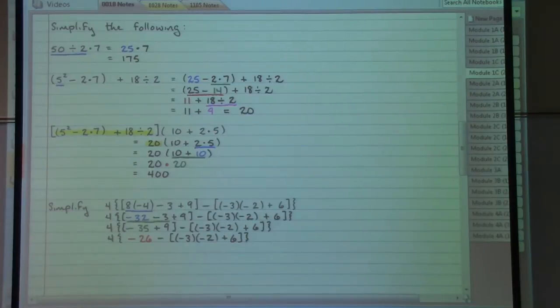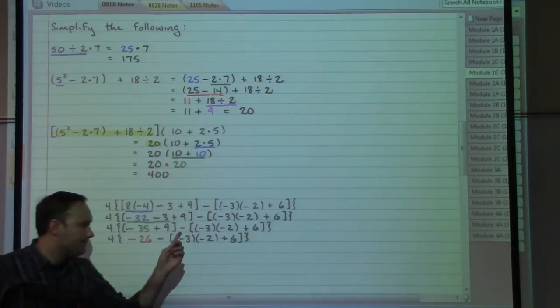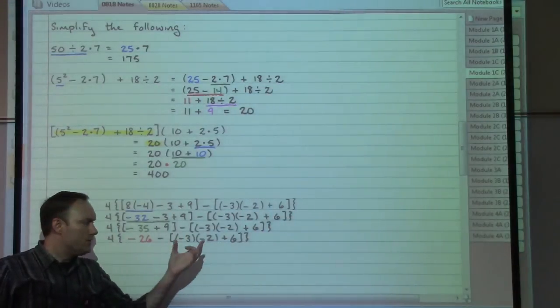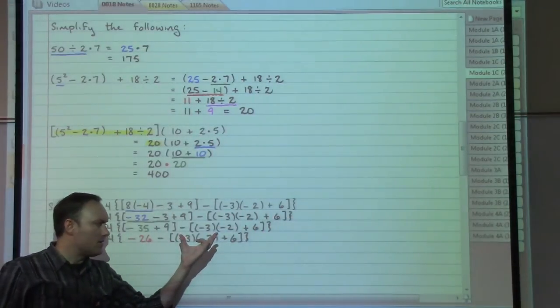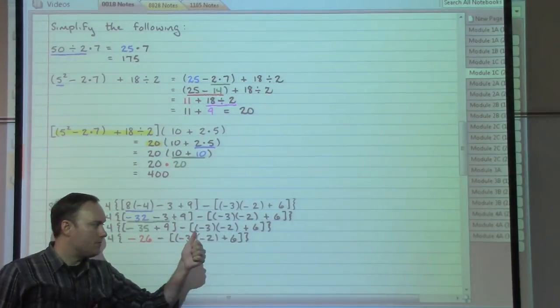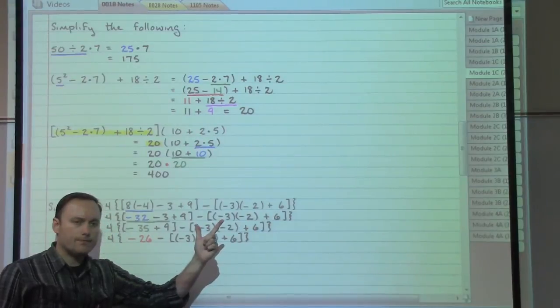This means that I can also move on to the other set of square brackets, reading what's inside the other set of square brackets. What's inside the parentheses are just numbers, so I can read this as negative 3 times negative 2 plus 6. Times and plus.